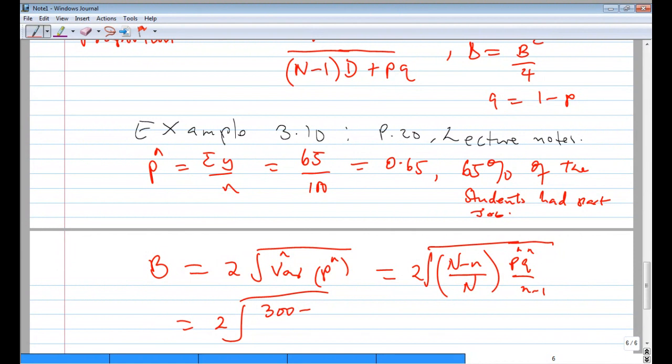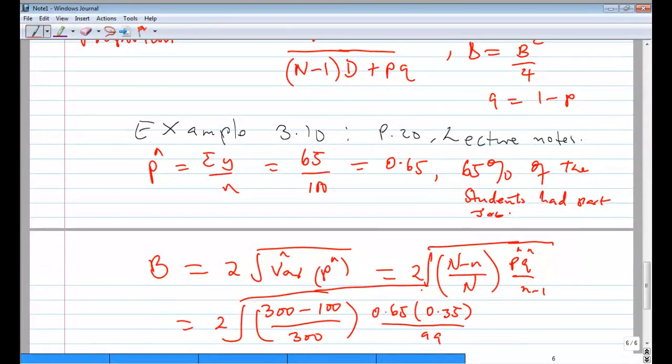Sample size? 100. So 100 divided by 300, then multiply by p hat, 0.65, and q hat, 0.35, then divide by 99.